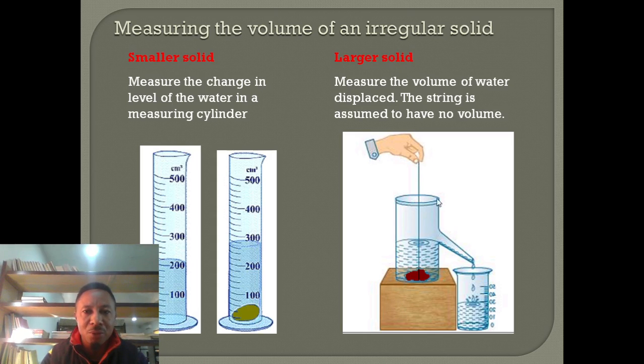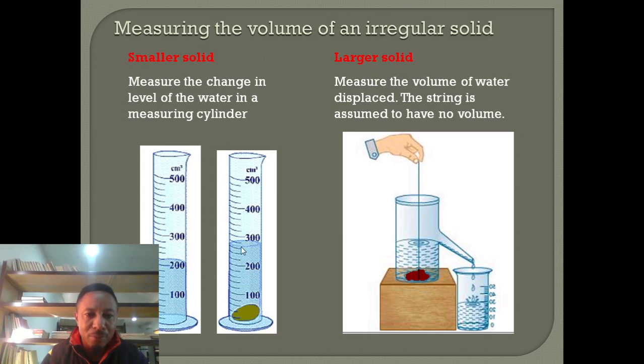For a big solid, we can use an Eureka can to demonstrate that to get the volume. But for a small solid, all we need to do is to put some quantity of water at any volume in a measuring cylinder, then gently place our irregular solid inside.